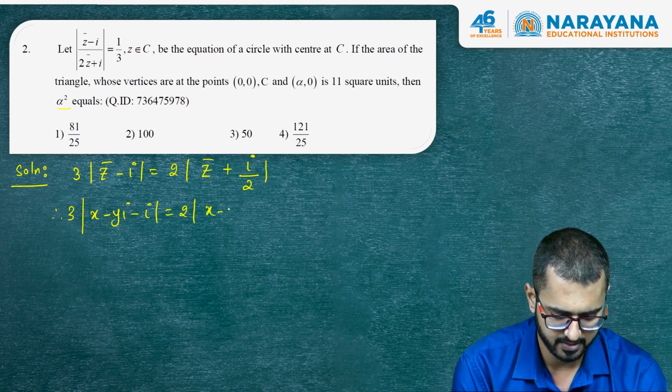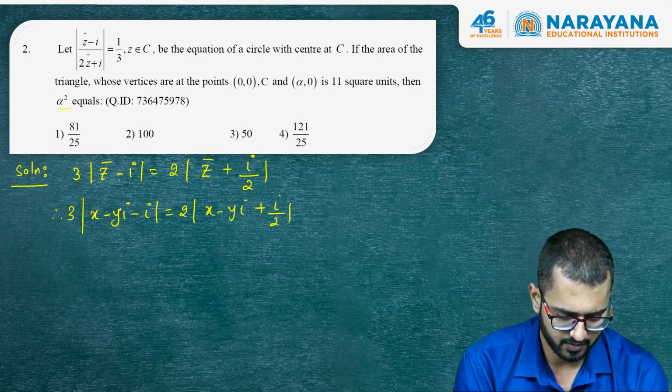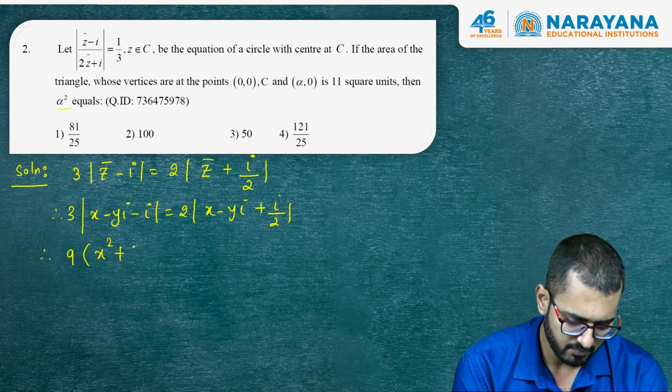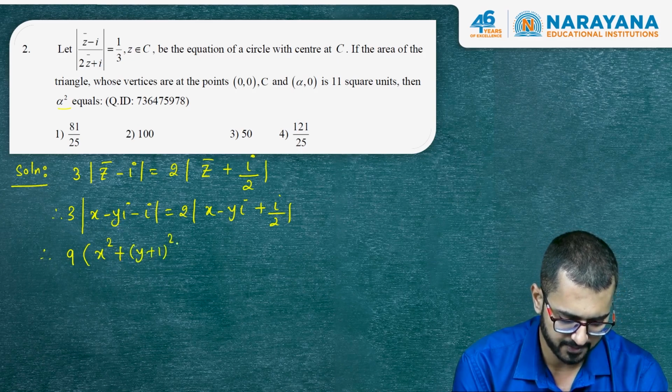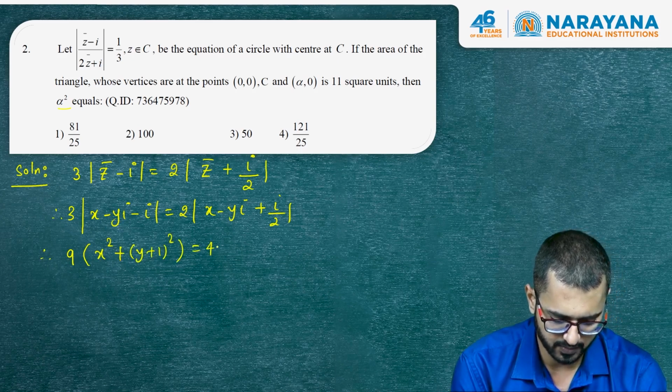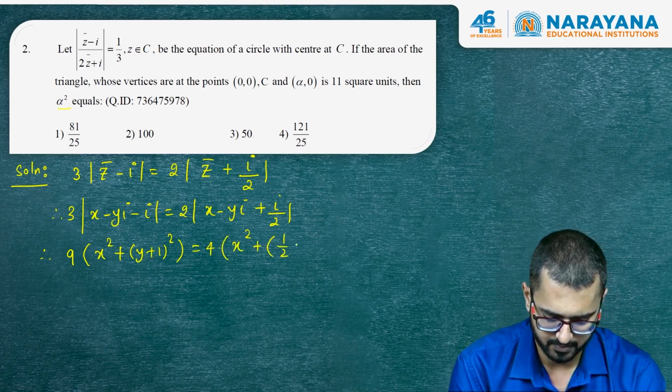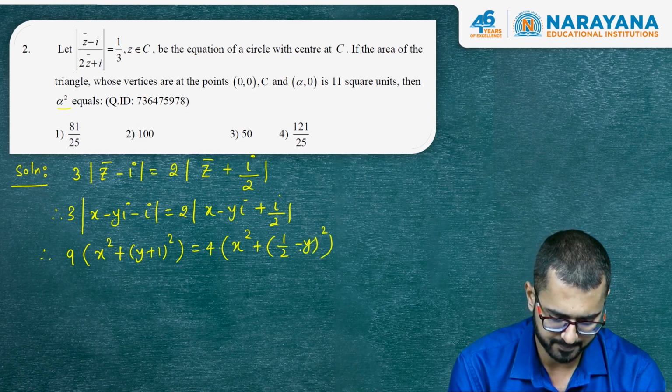This will be again x minus yi plus i over 2. Now we are finding the modulus of this, and squaring simultaneously. So I'll be having 9 times x square plus y plus 1 square, equal to 4 times x square plus 1 by 2 minus y the whole square.